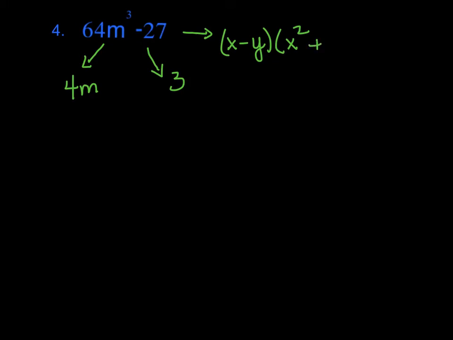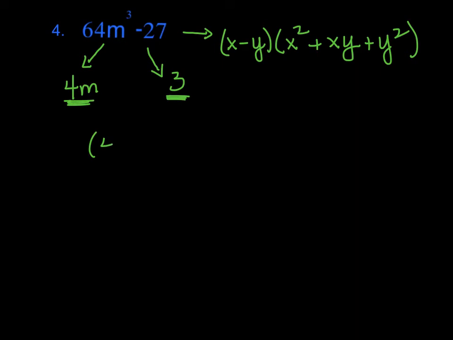So that'll be plus xy. And then we're going to have a plus y squared. That's just the general formula. In this case, this is representing your x, the 4m, and your 3 is representing the y. Okay, so let's just go ahead and do this.